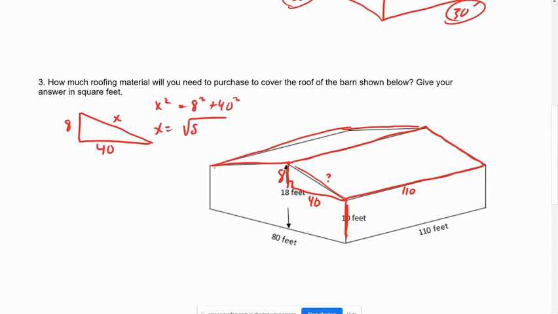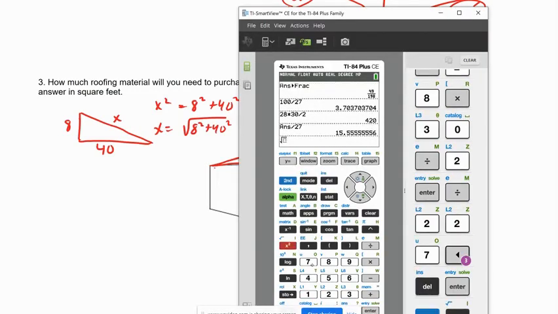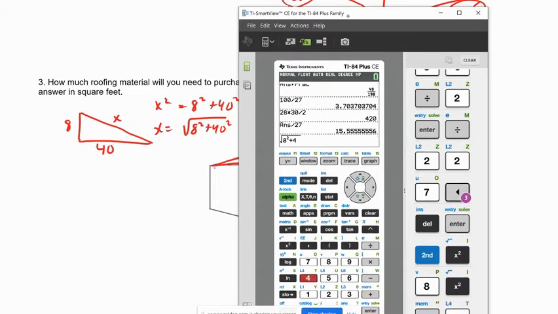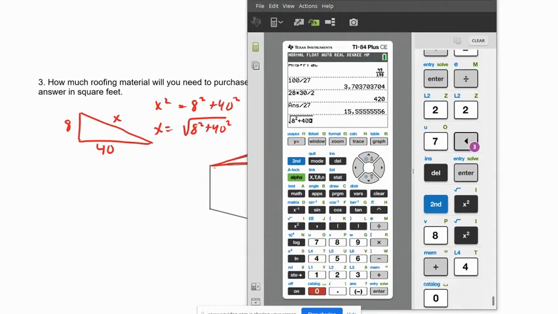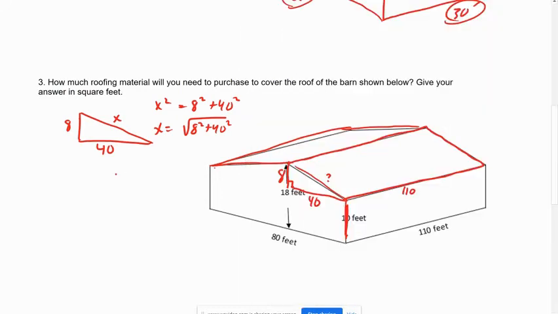So x is the square root of 8 squared plus 40 squared. And that is about 40.8 feet. Okay, so now we know this dimension is 40.8.